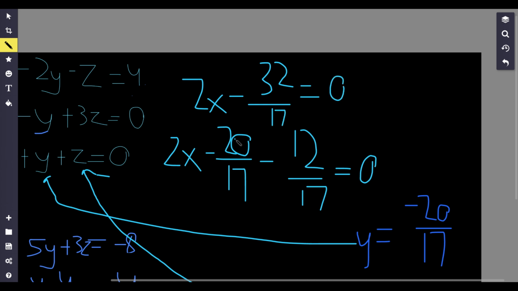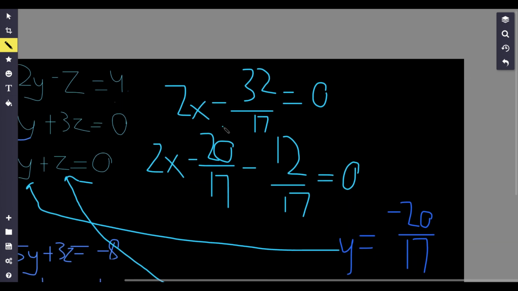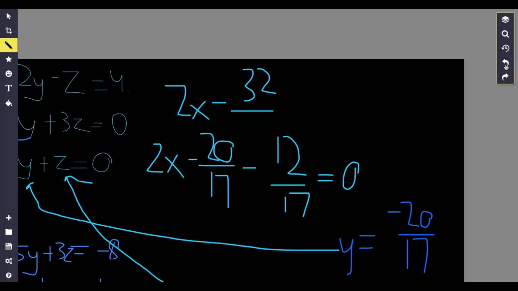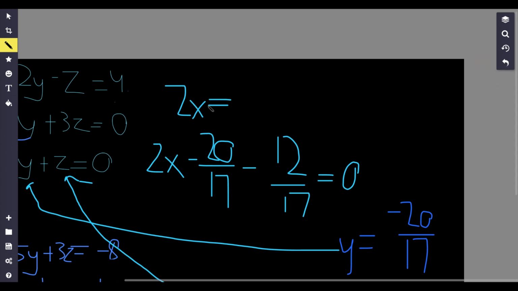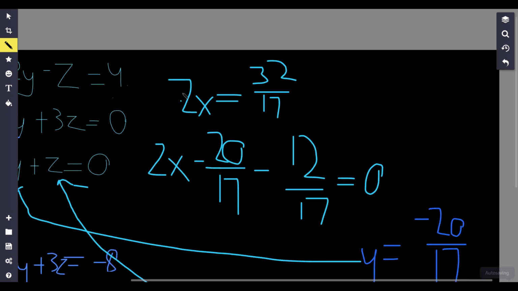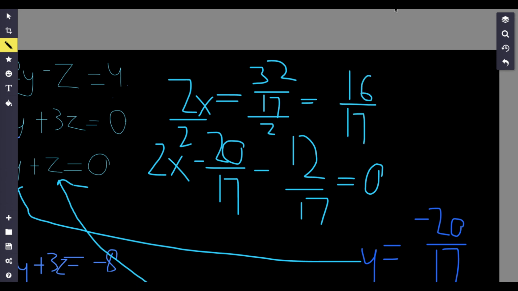Because negative 20 minus 12 is negative 32, and we can just add 32 over 17 to both sides. And now to solve for x, we can just divide both sides by 2. So we get that x is equal to 16 over 17. And that's going to be our answer.